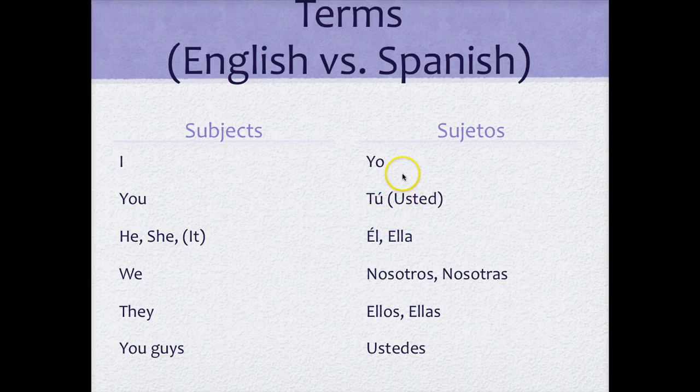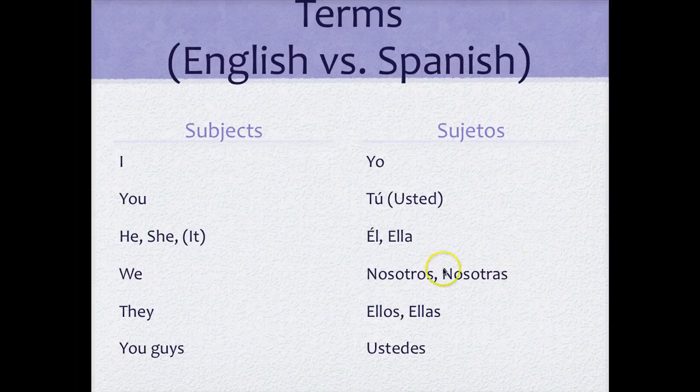The second one is usted, or second person formal. Then he is él, she is ella, and you'll notice that we don't have the form of it. It does not exist in Spanish, that subject pronoun, and that becomes really interesting once we start learning more about writing sentences in Spanish.